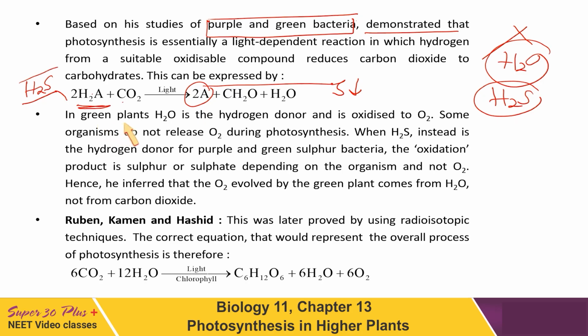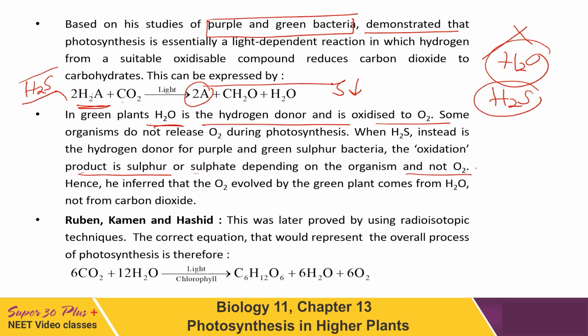He assumed that in green plant, instead of this hydrogen sulfide, water is the hydrogen donor and is oxidized to make oxygen. Similarly, here instead of 2A, oxygen will be released, and he told the oxidation product is sulfur, as in bacteria, or sulfate, and not oxygen. In case of higher plant, the byproduct will be oxygen.